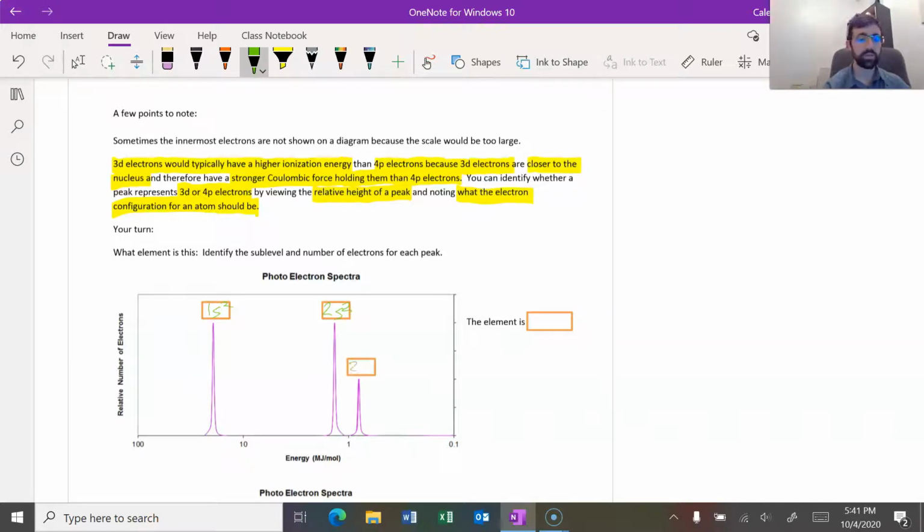That would be 2p, and since this last peak is half the height of the other 2, we can assume that's 2p1. And if you were to look at a periodic table and find that element, 2p1 would be boron, or B.